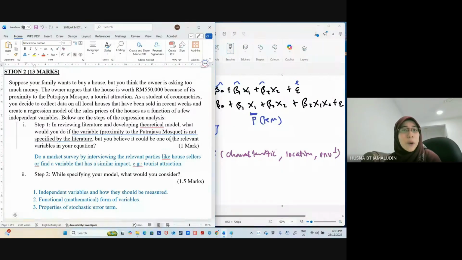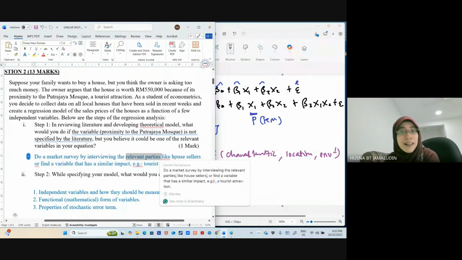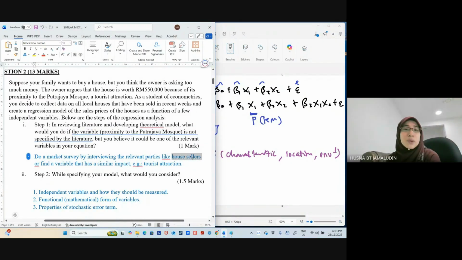Will you just simply omit this variable? Normally, if any variable is a specific example of a certain model or certain area and it is not specified by the model, you have to do a market survey. You have to ask the relevant authority or parties like the house seller, the agent who sells the house.